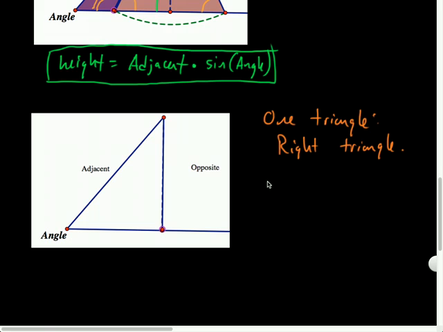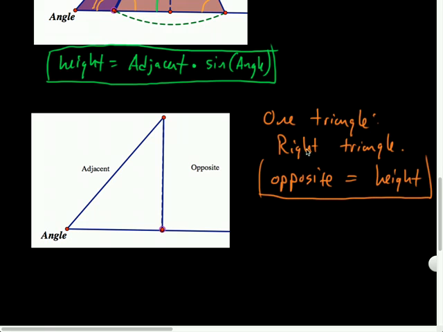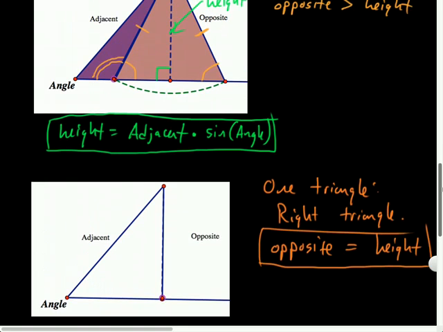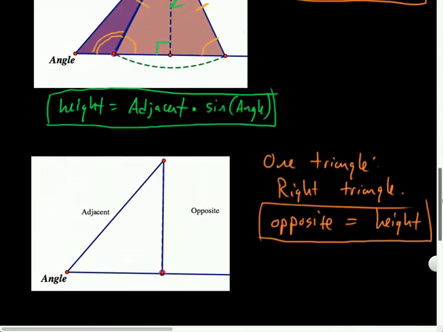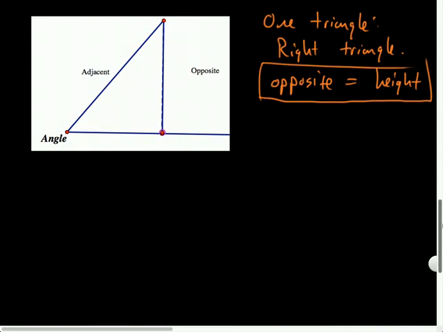And this occurs anytime the opposite is equal to the height. So if your opposite is equal to the adjacent times the sine of alpha, then I know there's only one triangle and there's no ambiguity whatsoever. That's hypotenuse leg.